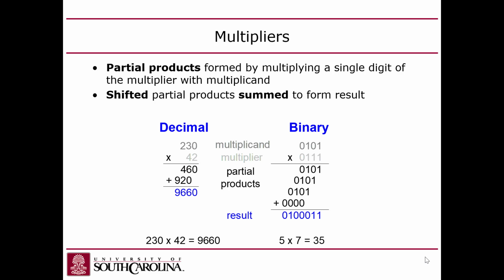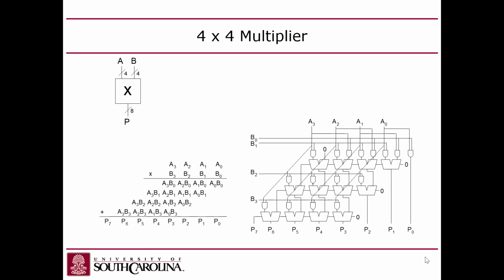So the hardware for this could actually be set up as an array of full adders. Is it like a 2D array of full adders? Now this is a little confusing because this diagram is showing the full adders as adder symbols, this shape, right?